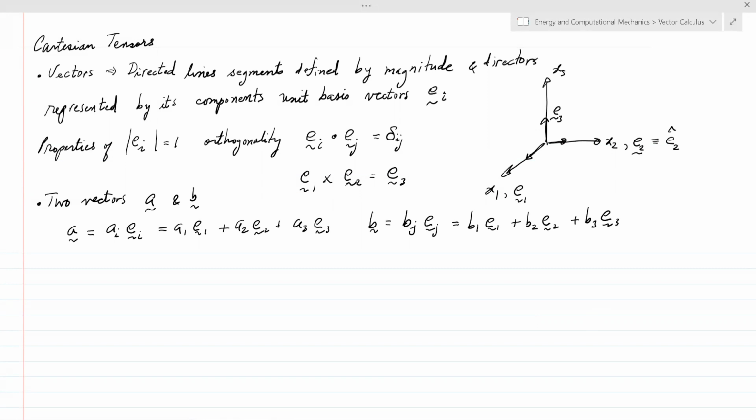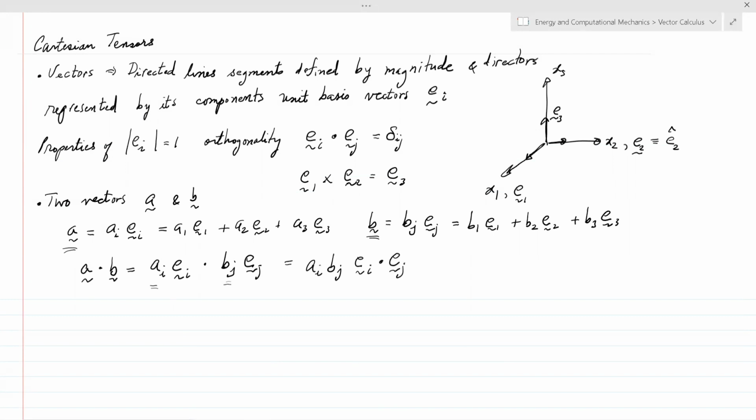So if I want to find the dot product of A and B, then I have A dot B should be equal to A_i E_i dotted with B_j E_j. And all I did here was to substitute this and this into this expression here. Now notice that these are constants, so I can bring them up like that. A_i B_j E_i dot E_j.